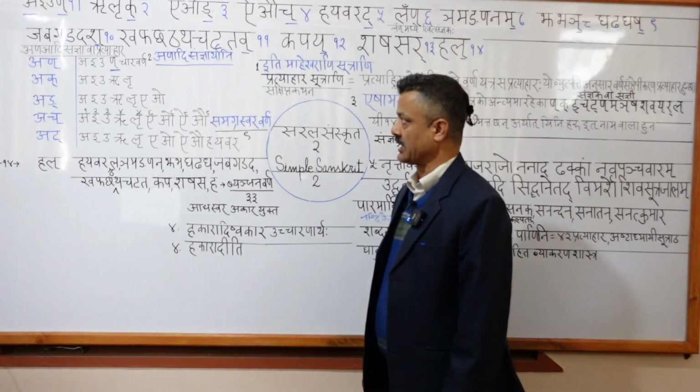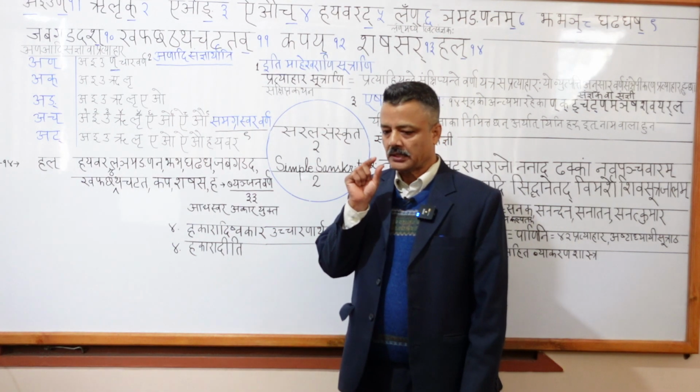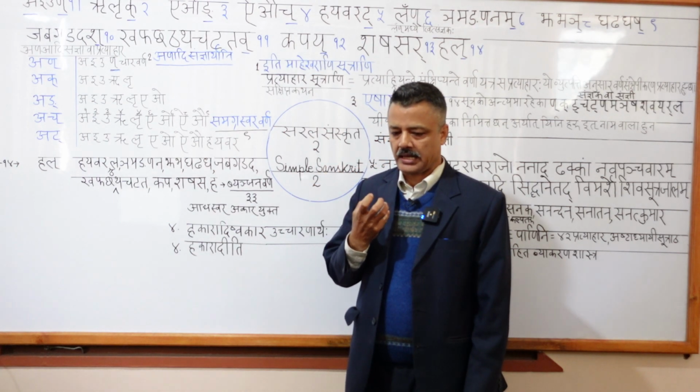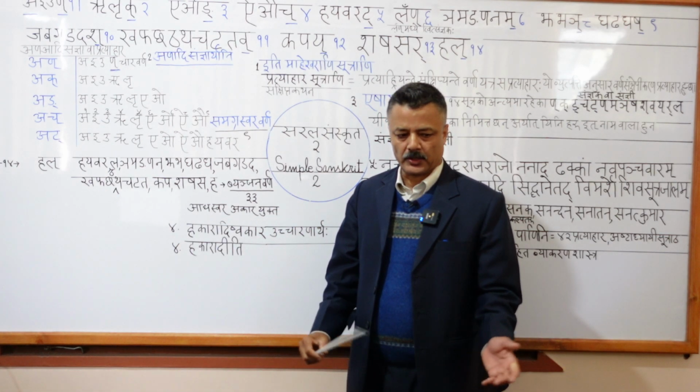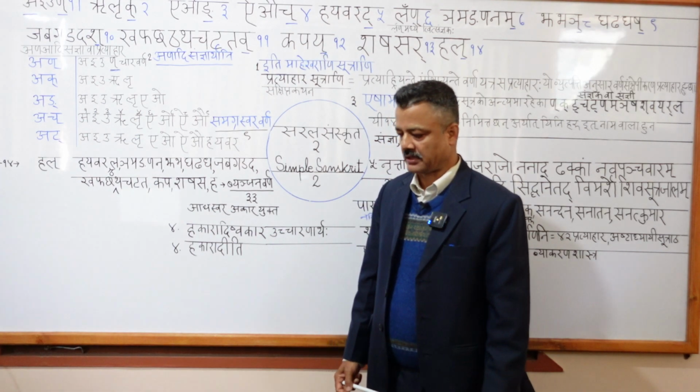I would like to call them aphorisms in the sense that they are pithy, tiny phrases like conceits, and they contain the whole knowledge about the grammar of the Sanskrit language.